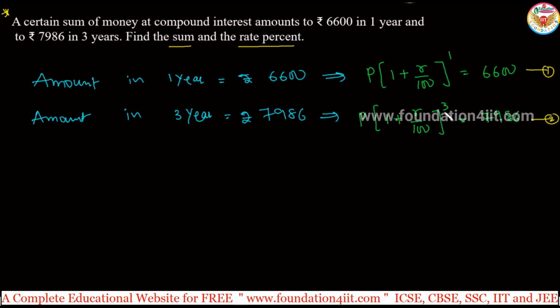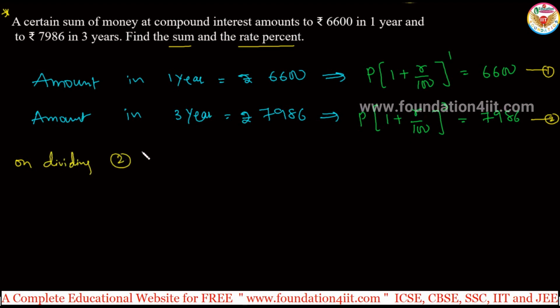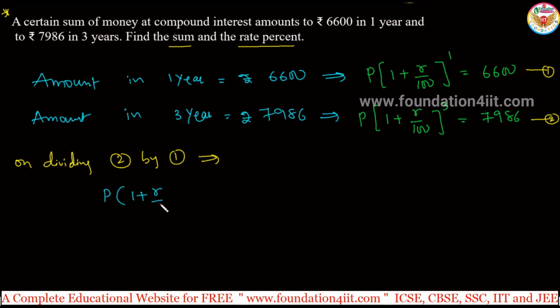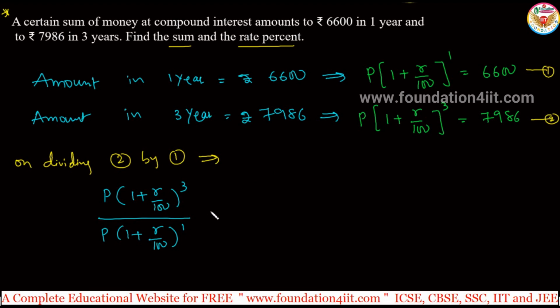So elimination method, that means you have to eliminate one of the variables, P in this term and P in this term, right? So let us divide the second one by the first one. So on dividing equation 2 by equation 1, equation 2 is P into 1 plus R by 100 whole to the power 3 divided by P into 1 plus R by 100 whole to the power 1.